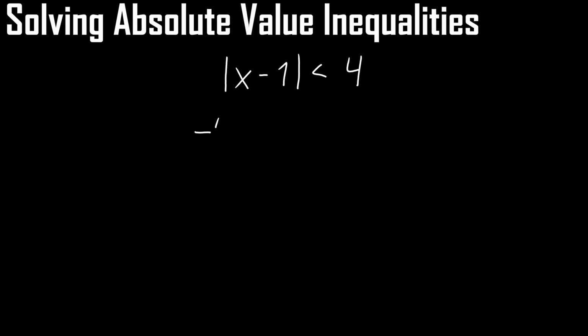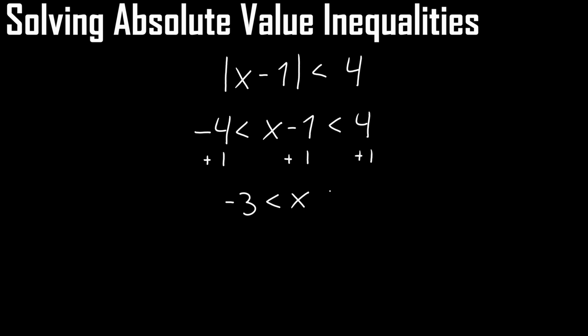So negative 4 is less than x minus 1, which is less than 4. Now we'll solve for x, so we'll add 1 to both sides. So we'll get negative 3 is less than x, which is less than 5. And that is the answer.